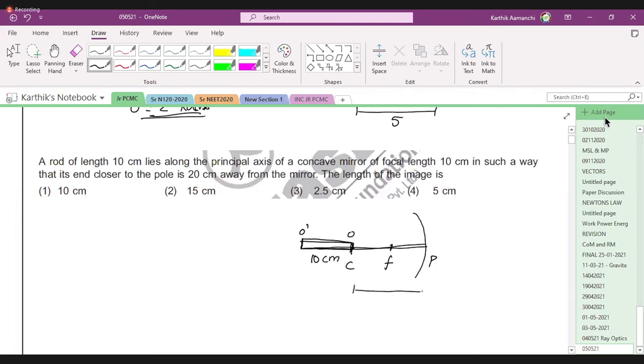From here to here it is 20 centimeters, and from here to here it will be 10.